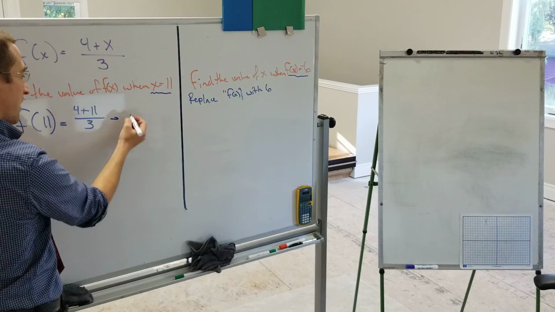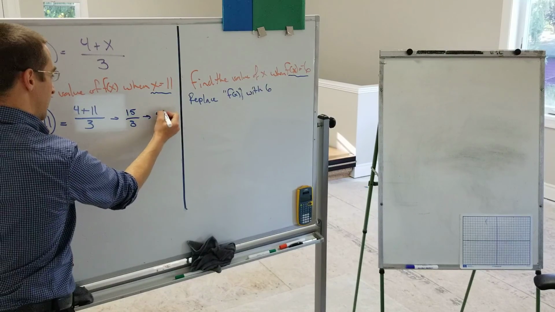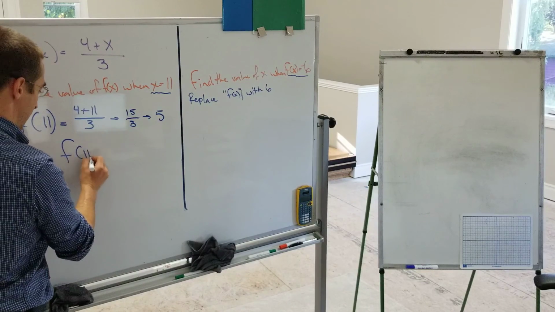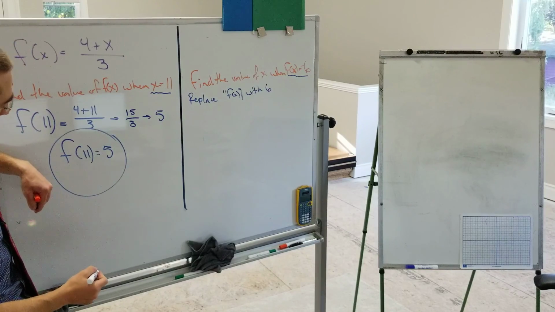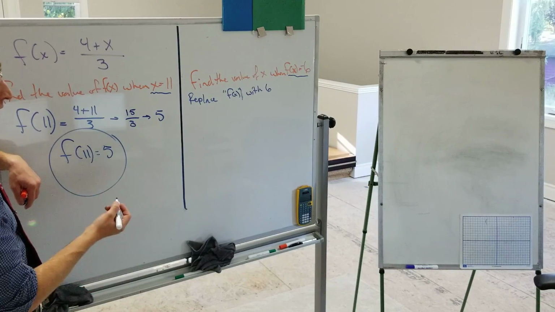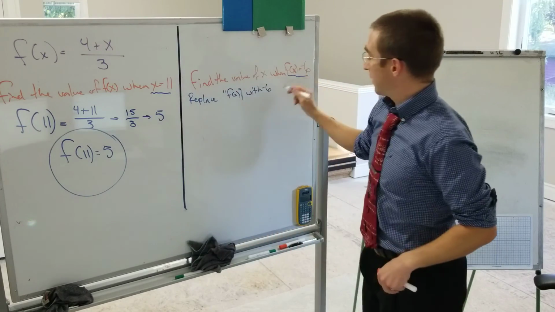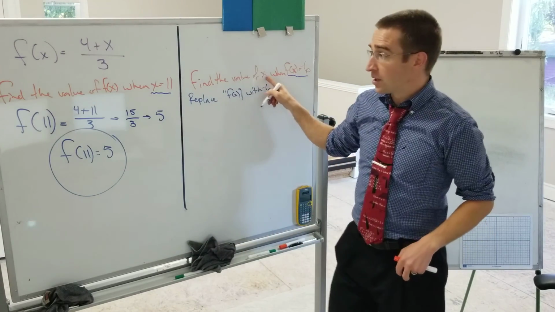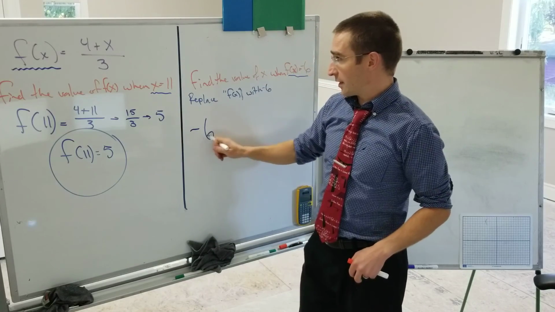So it's like 4 plus 11 first, so 15 over 3. 15 over 3 is 5, so we say f of 11 equals 5. Cool. Let's look at when f of x equals -6. So here, f of x equals -6. We want to know the x value. So we're going to replace the f of x with a -6.